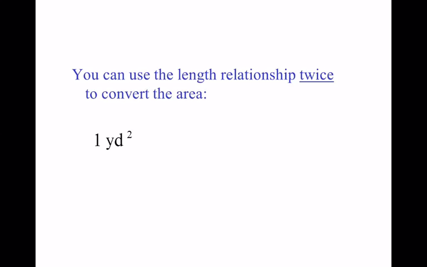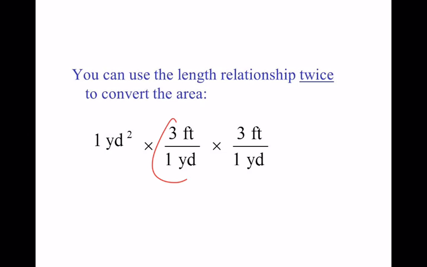So it's not too bad. If our goal is to go from yards squared to feet squared, we know the relationship between 1 yard and feet is simply this: 1 yard is exactly equal to 3 feet. We totally know that.